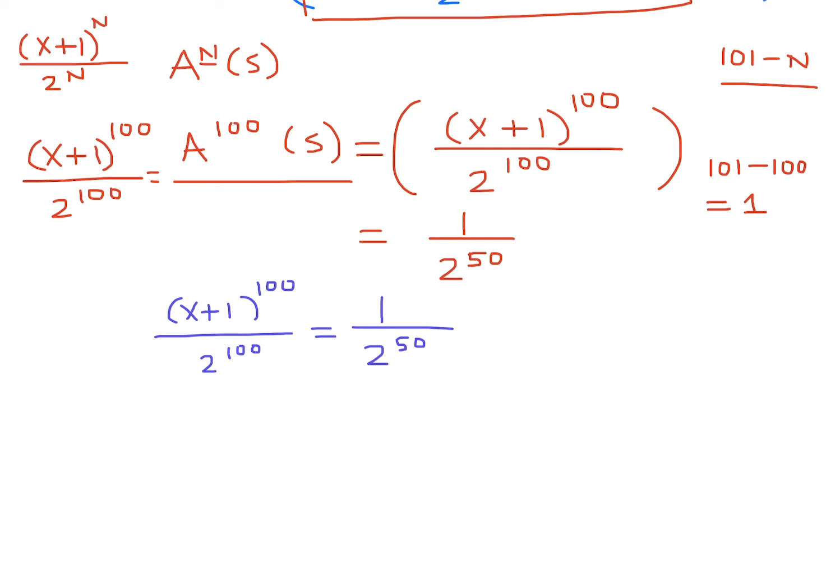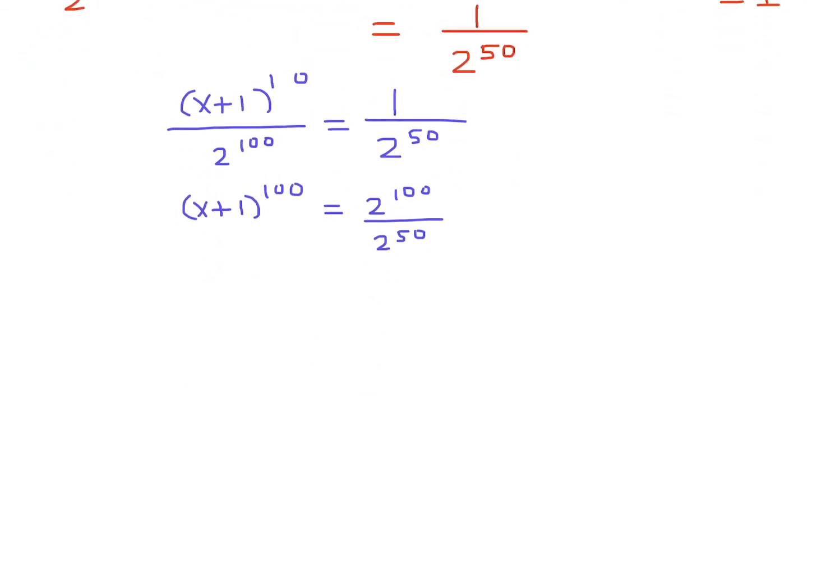Correct? I'll put this guy up here, so (x plus 1) to the 100 is 2 to the power of 100 over 2 to the power of 50, which is 2 to the power of 50, because it's 100 minus 50.